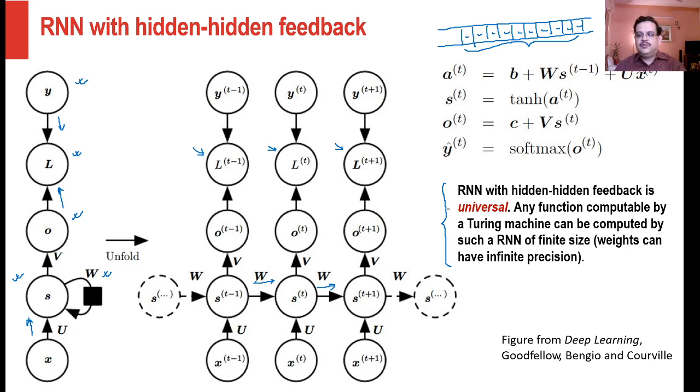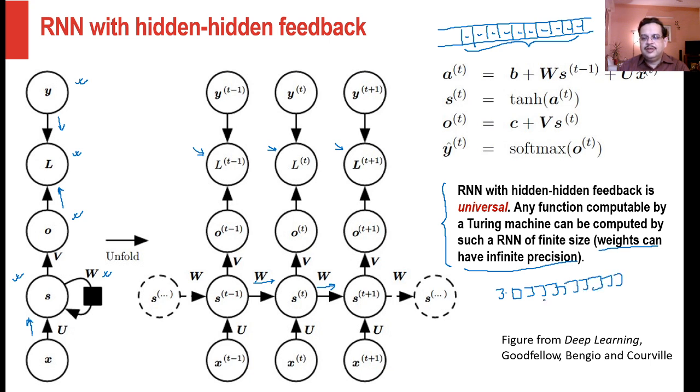The thing that we need to focus on here is that the weights of the RNN may have infinite precision. That means that if I look at a weight, for example, then after the decimal place there are actually infinite positions that are possible because the precision is unbounded.